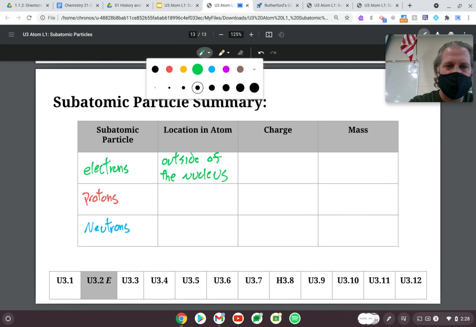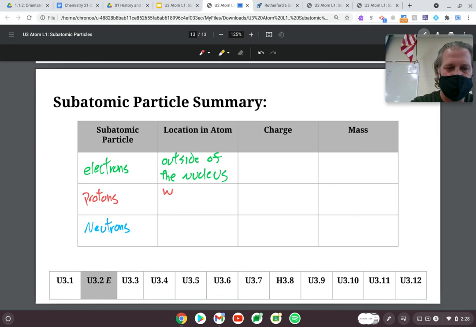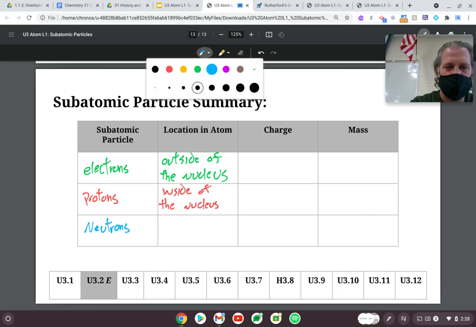What about protons? Inside the nucleus. What about neutrons?